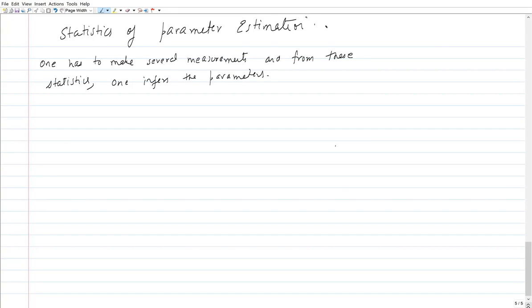So as you can already guess, one needs to use some sort of statistical estimation or data analysis. In the parlance of statistical estimation, an estimator mathematically is just a function.